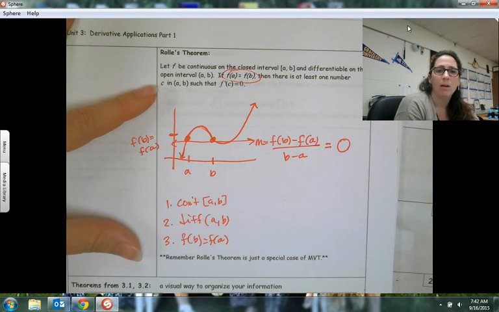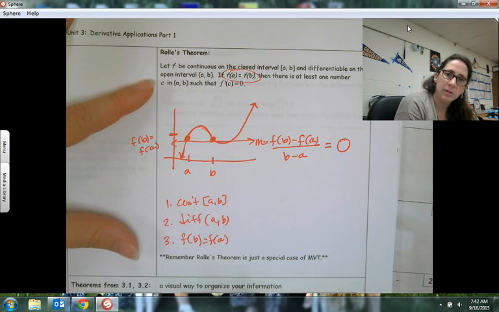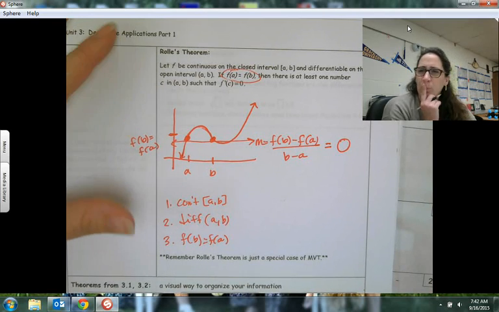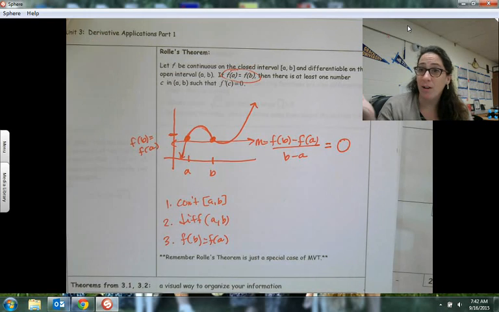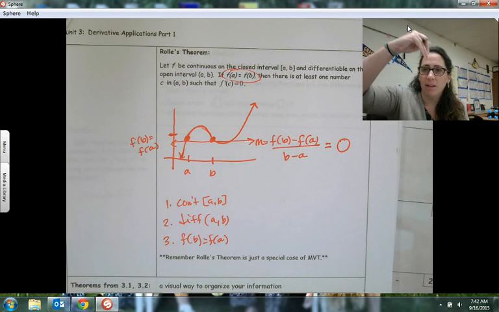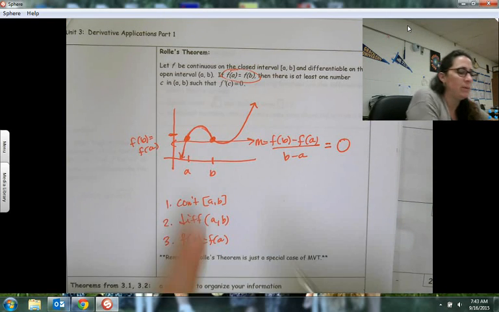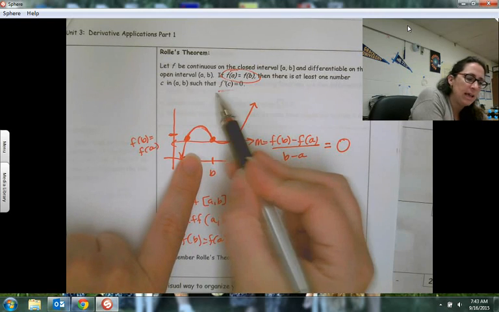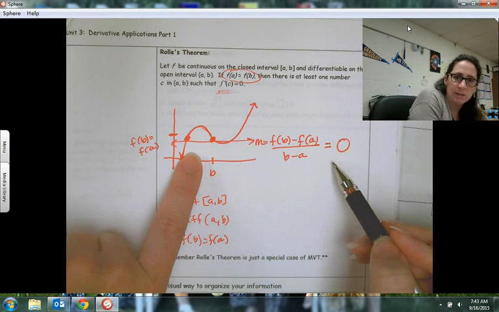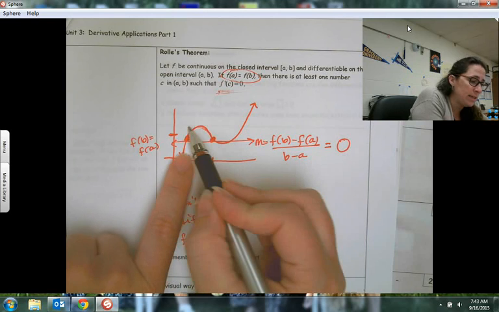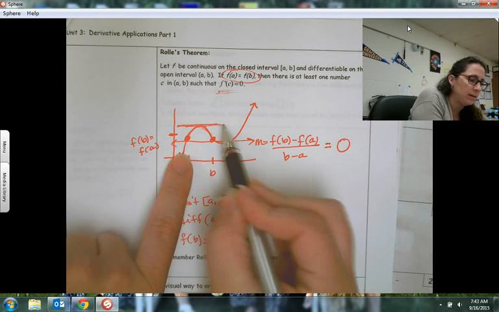So if I have f prime equaling 0, oh, those are my critical numbers. That's where I'm going to find the peaks or the valleys, all those humps. So here when I see that, it's saying that we want to get the same slope like before of the tangent, and that would occur right here.